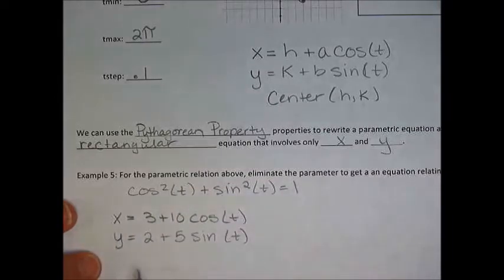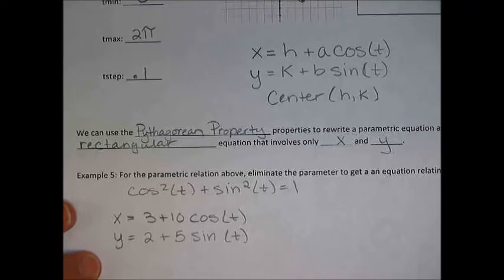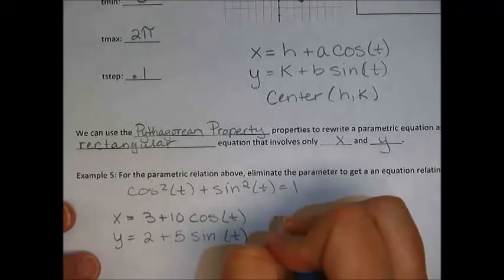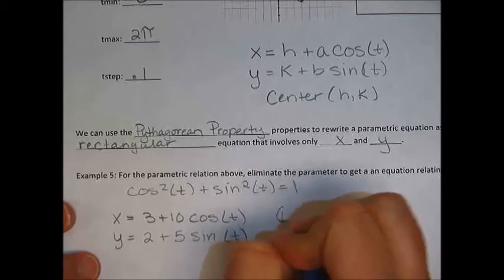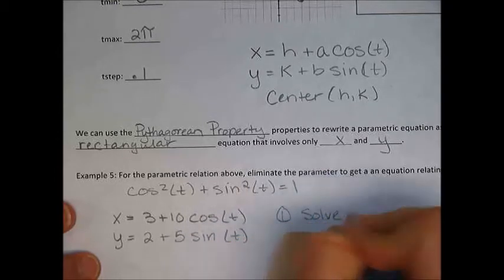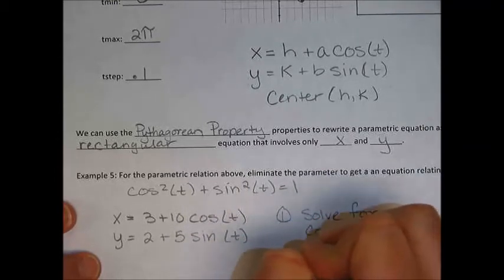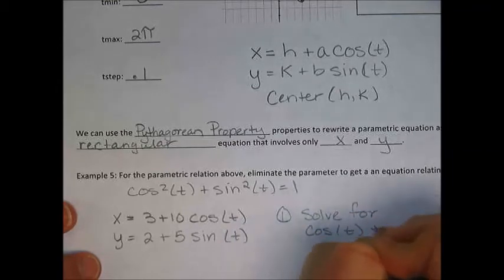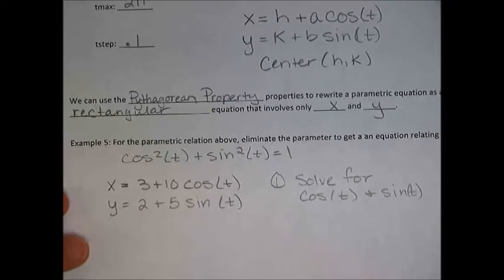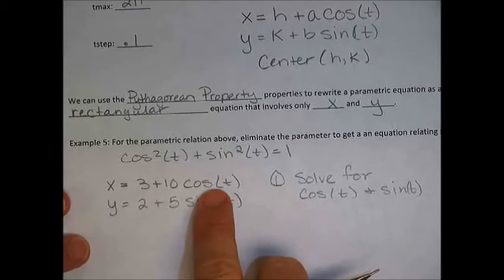If we want to solve that and eliminate the parameter t, the first step is we want to solve for cosine of t and sine of t. So we just want to rewrite those equations so that they say cosine of t and sine of t.